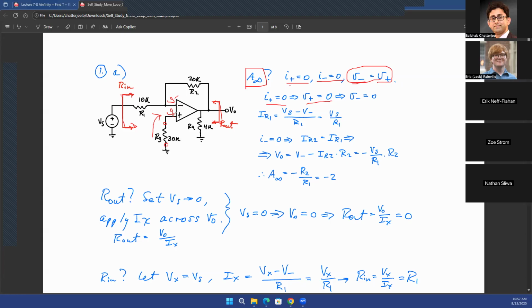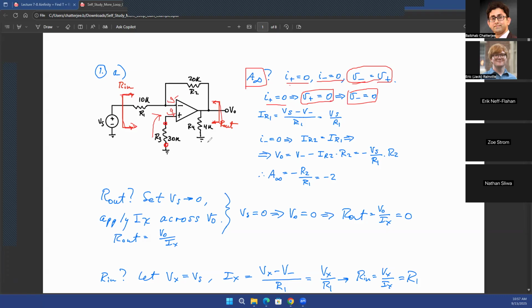Even though V plus is not directly connected to ground, because there cannot be any current flowing into that positive terminal of the op amp, the voltages at the bottom terminal of R3 and the top terminal of R3 are going to be equal, according to Ohm's law. So your V plus is going to be 0, which means your V minus is also going to be 0, according to the virtual ground property.